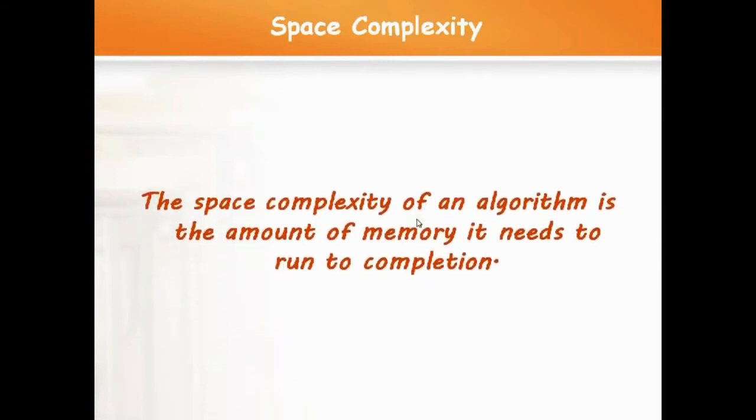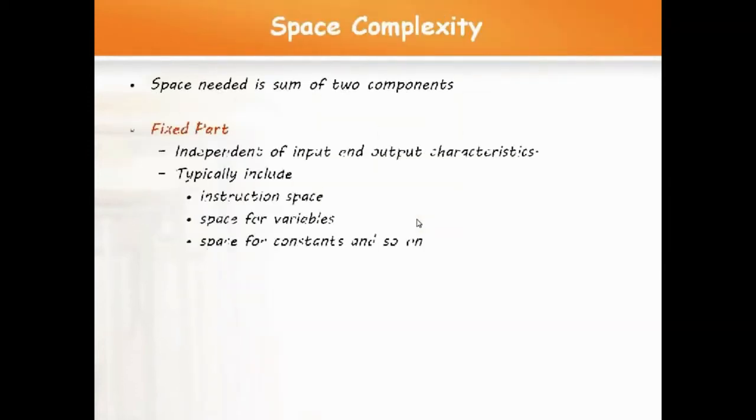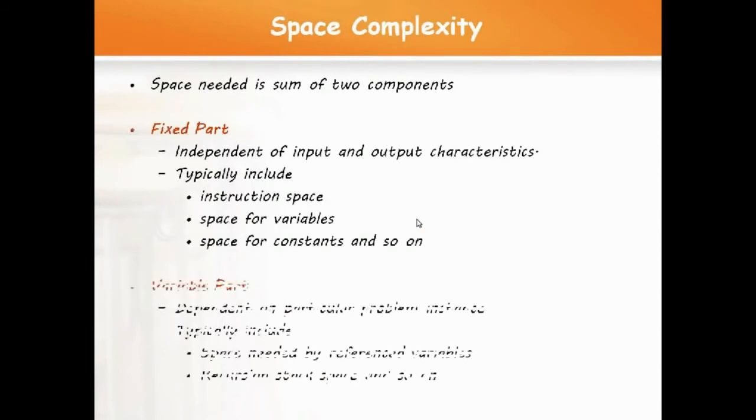The space complexity of an algorithm is the amount of space, that is the memory, required by the algorithm to run to completion. This space required is a sum of two components. It may be either a fixed space or a variable space.